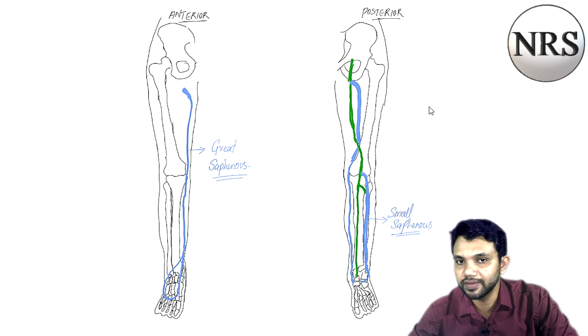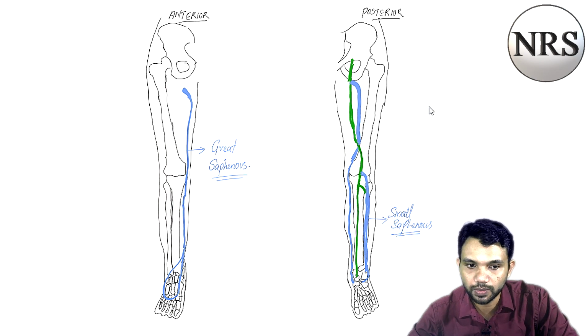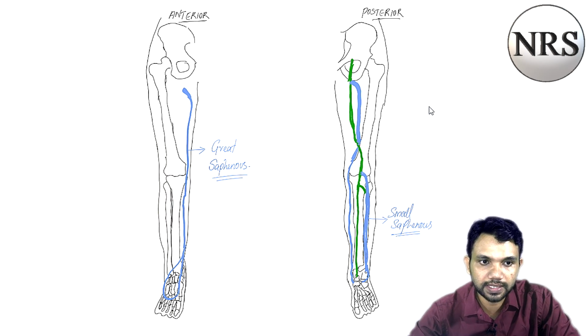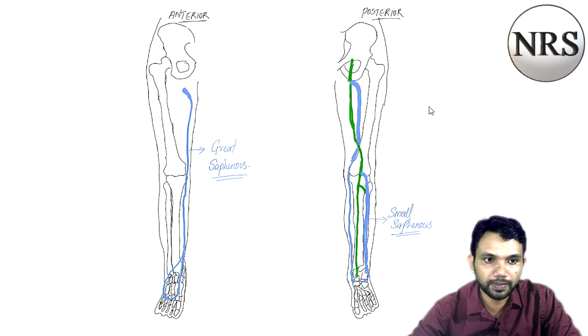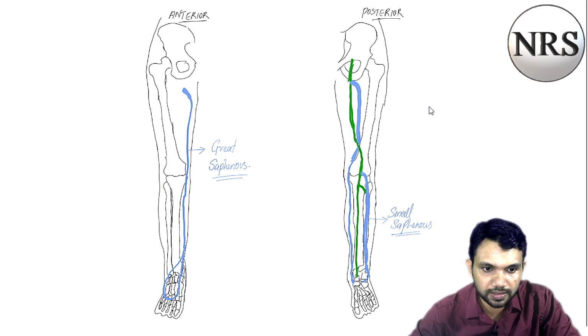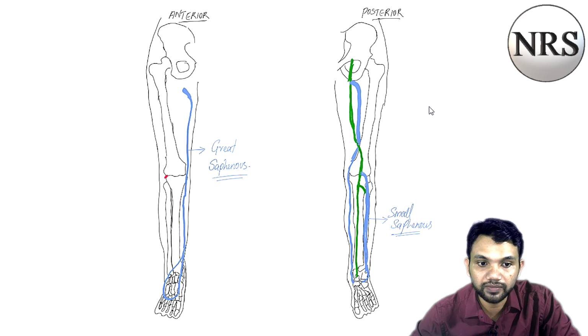And superficially we have two important veins. One is the great saphenous on the medial side, and the other, maybe I will take red color here so you can understand, will be from the popliteal fossa behind, and on the lateral aspect it will come down like this.